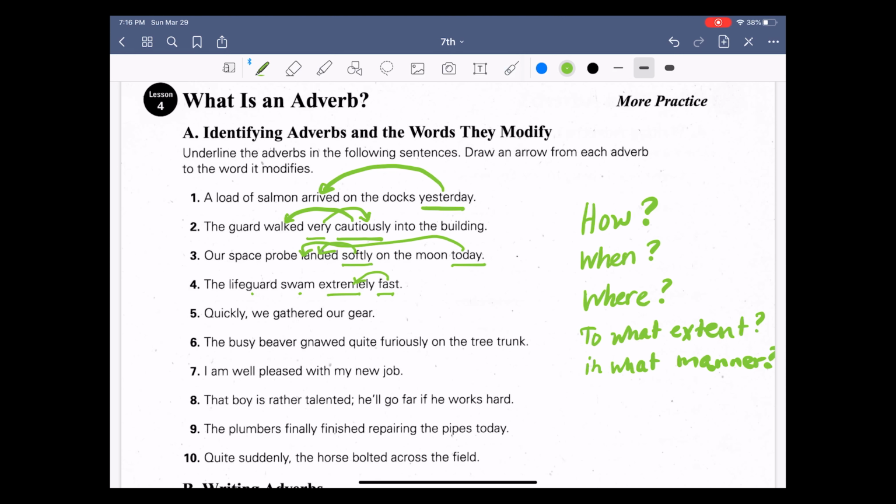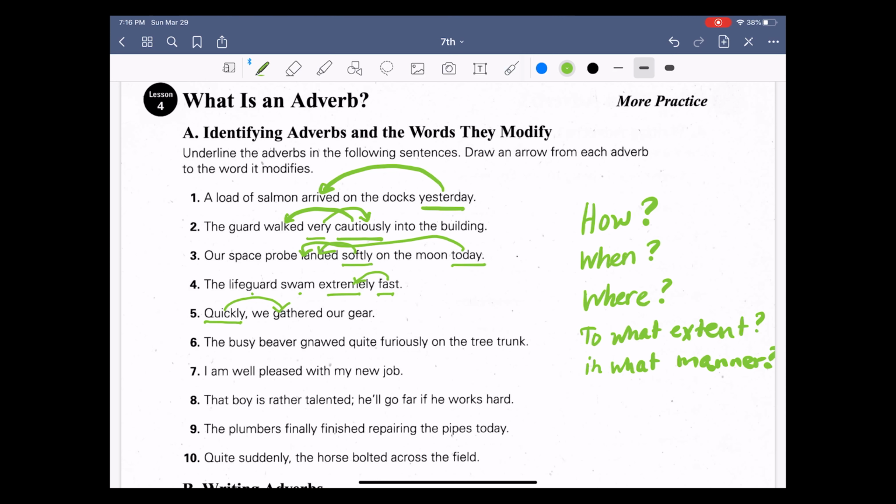Number 5, quickly we gathered our gear. What's happening in the sentence? We gathered. What's being gathered? Our gear. And in what manner is everything gathered? Quickly. So quickly is our adverb, and it's telling you how everything was gathered. Number 6, the busy beaver gnawed quite furiously on the tree trunk. The beaver is gnawing.